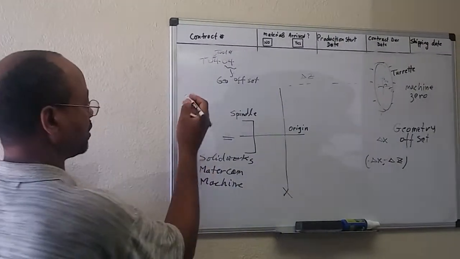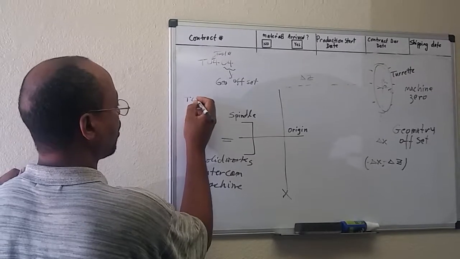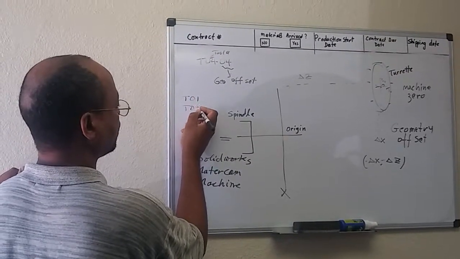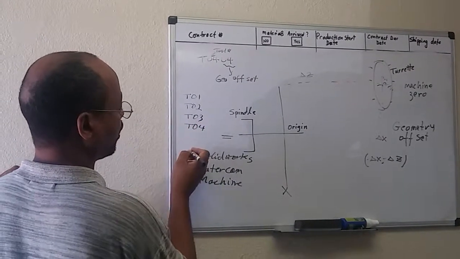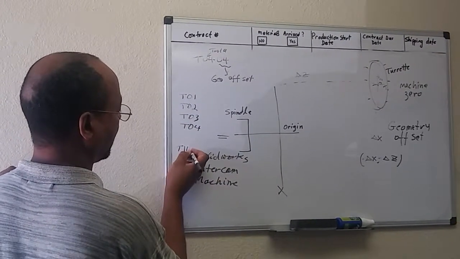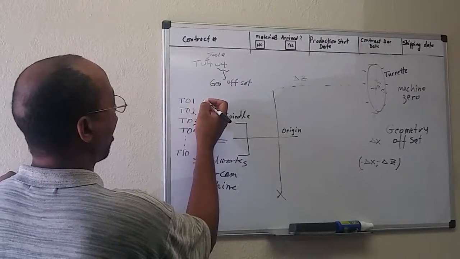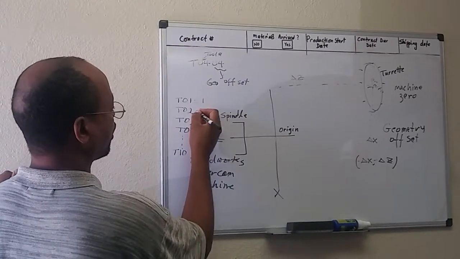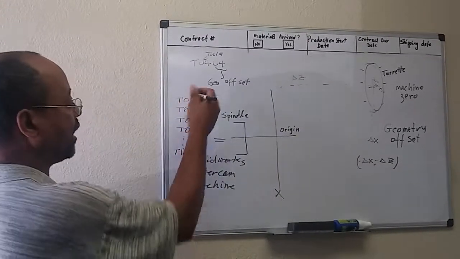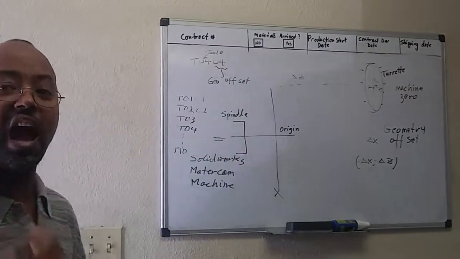So my tools will be tool number 01, tool number 02, tool number 03, tool number 04. It goes all the way to tool number 10. Now my offset is also 01 for tool number 1, 02 for tool number 2. They basically match, but they have a meaning.